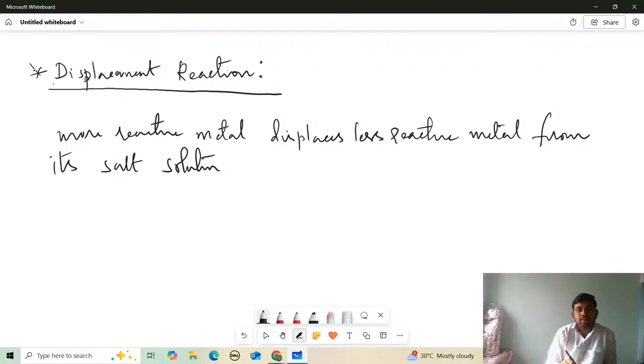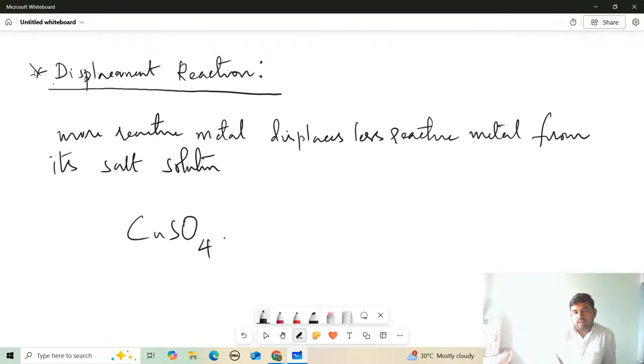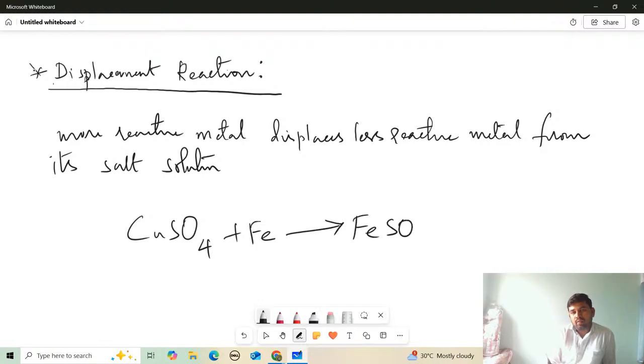For example, they always give copper sulfate. If you add iron to copper sulfate, iron will displace the copper and take its place. So you get FeSO4 plus copper. This reaction is called a displacement reaction.